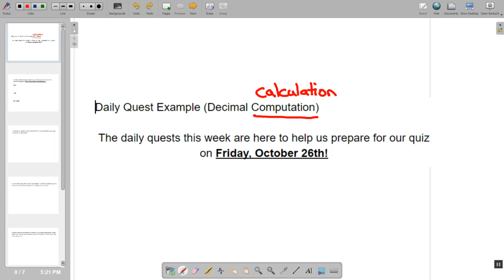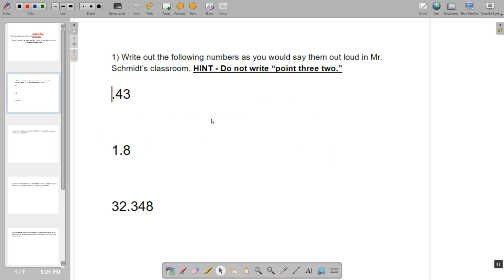But before we do that, it's important that we are able to write out or say decimals correctly. Many times you will hear people say this as "point 43." Now, the problem is this is not actually said that way if we're saying it correctly. We know that for the decimal places, the first decimal place is the tenths place.